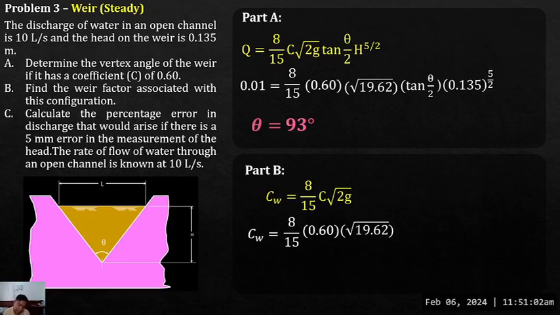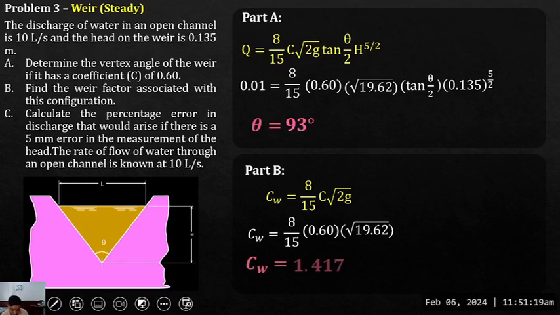So what is now the value of the weir factor? So the weir factor is 1.417. So that's the answer for part B. So take a screenshot kasi maglilipat na ako ng slide.